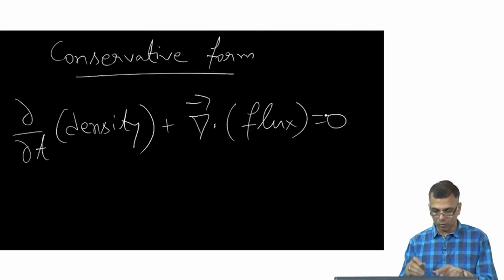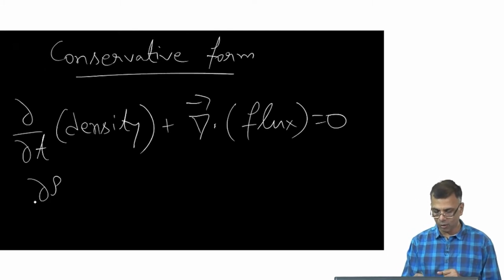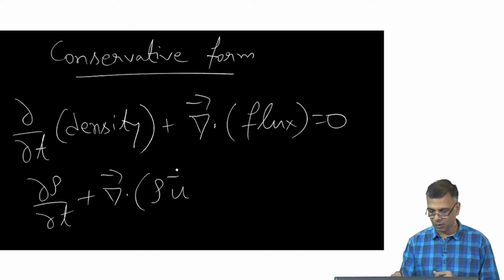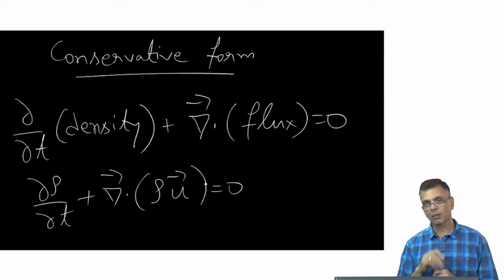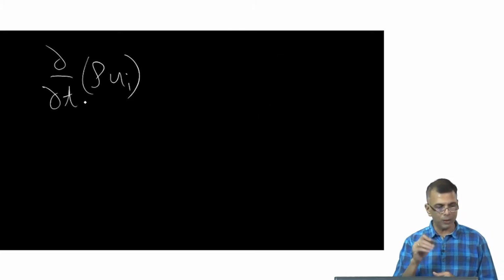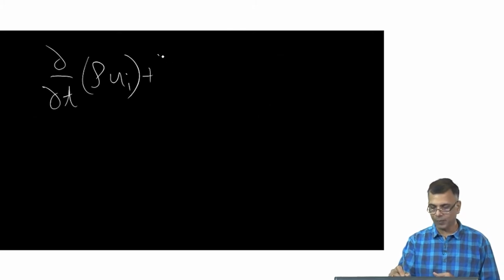So suppose this was mass density, you would have the flux of mass. And if this was momentum density, you would have the time derivative, like that. This would be momentum density, and the flux of momentum density.